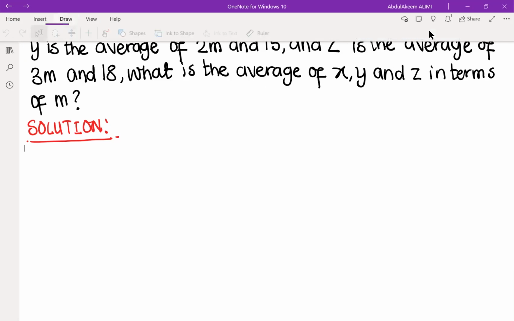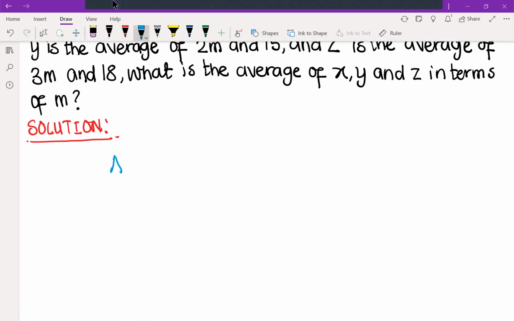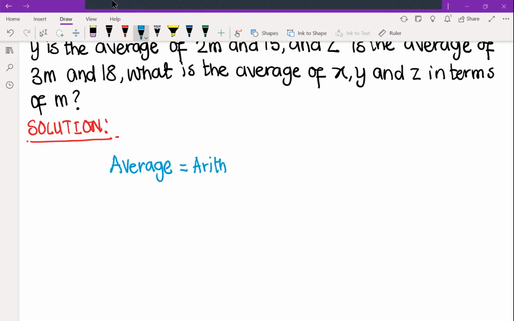So what do you understand by the word average? From the word average, average is the same thing as arithmetic mean. And what is arithmetic mean?